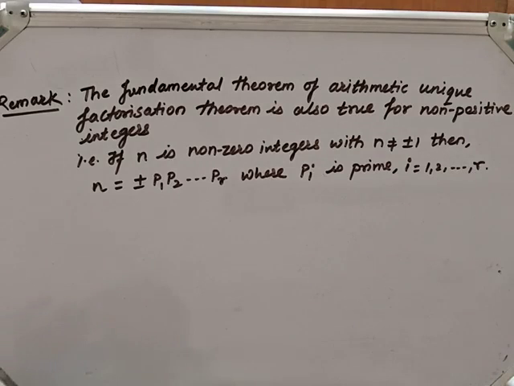This is the proof of the fundamental theorem of arithmetic, the unique factorization theorem, and that is true for the negative integers also.